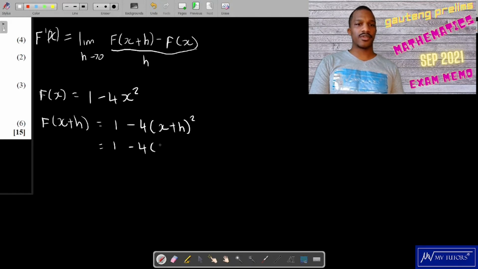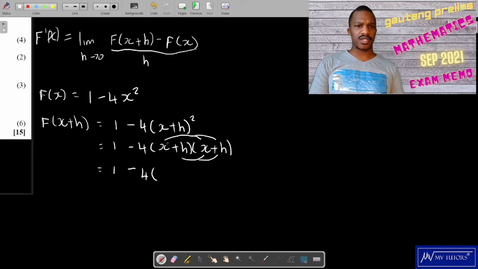Normally, when I have a square and I need to multiply it out, I just open two brackets and draw these lines, because under exam pressure it's very easy to make a mistake and forget. So x times x is x squared, x times h is plus xh, h times x is plus xh, and finally h times h gives me h squared.